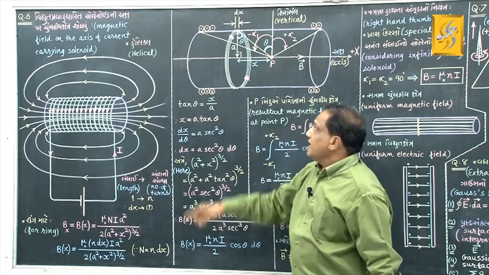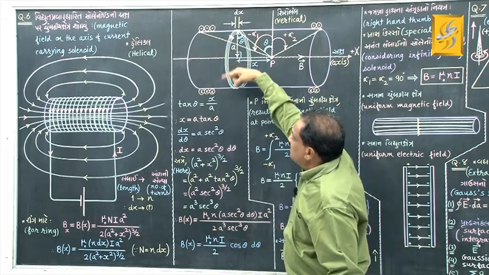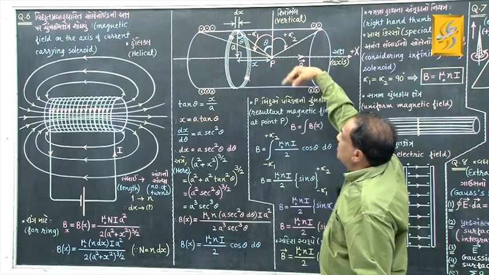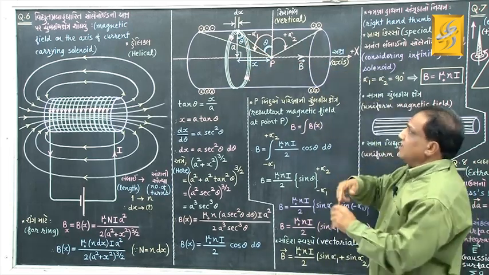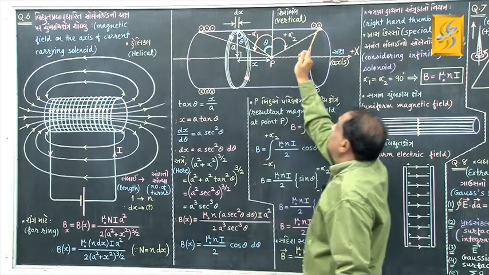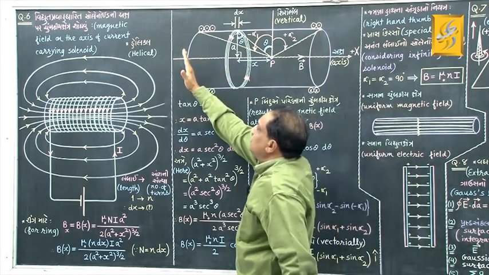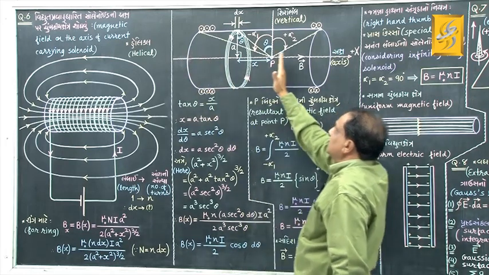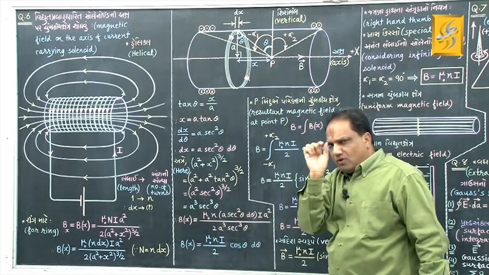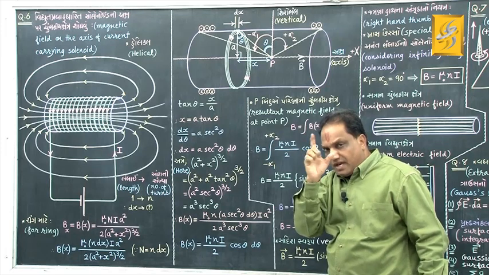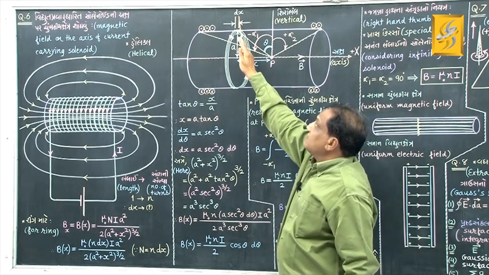Correct? Fine. And such winding you are supposed to consider throughout the length of the solenoid. Okay? Right from one end to the other end. Okay? Now, among this total winding, I just select a particular winding with very small thickness. Let it be dx.